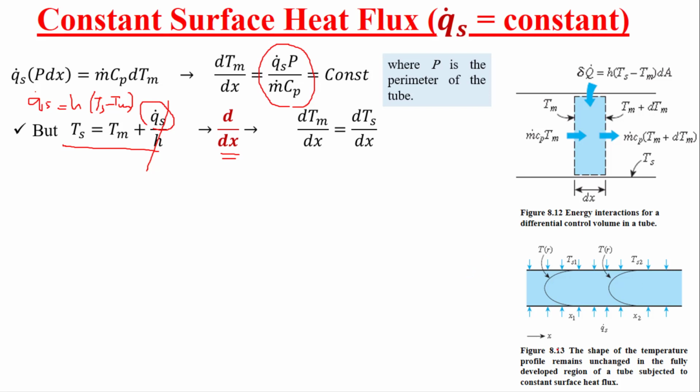Once we are in the fully developed region, this term with respect to x is equal to 0. And we end up with d delta Tm divided by dx equal to dTs divided by dx, and this must equal the previous result: q dot s multiplied by the perimeter divided by m dot Cv.